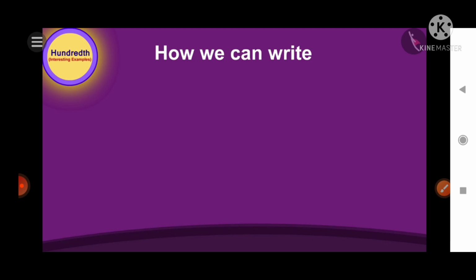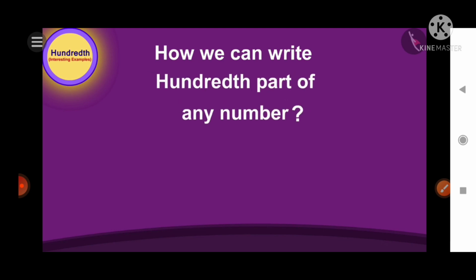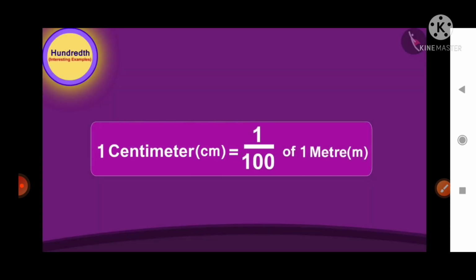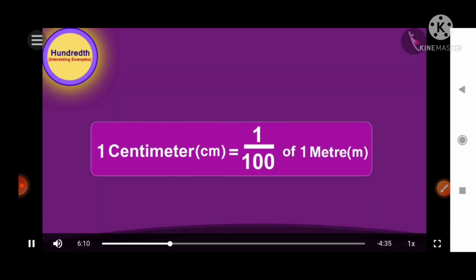We can write the 100th part of any number using the decimal point. A centimeter is 1/100th. So, children, 1 centimeter is equal to 1 divided by 100 of 1 meter. So, we can write it like this, isn't it?